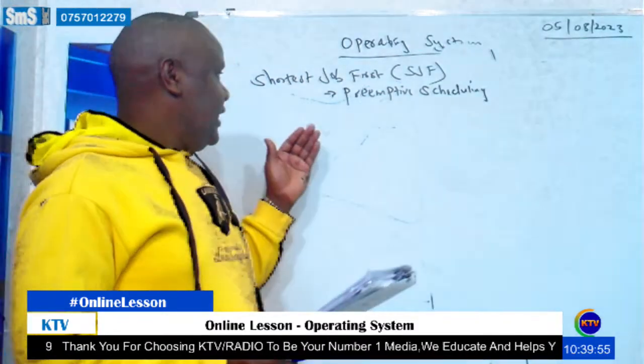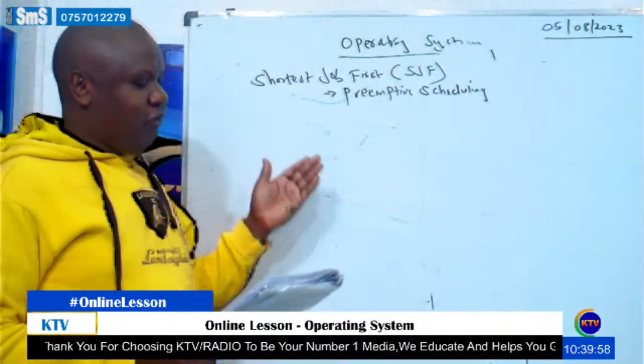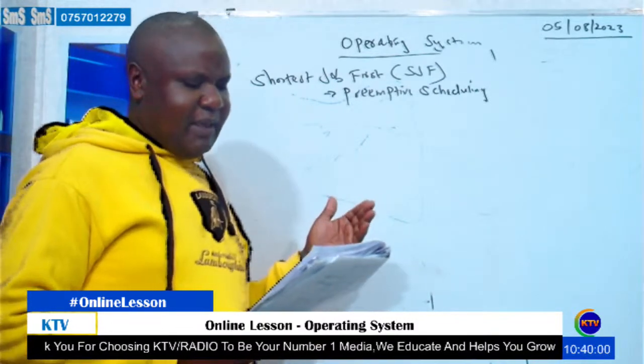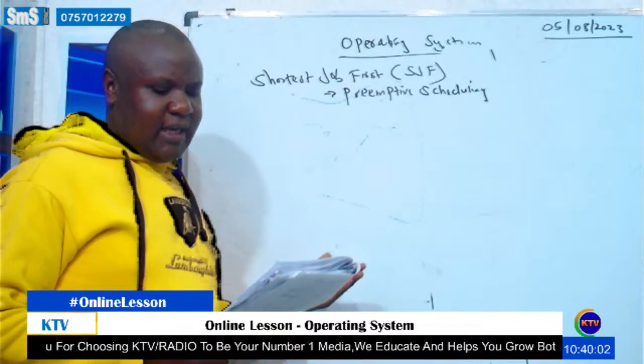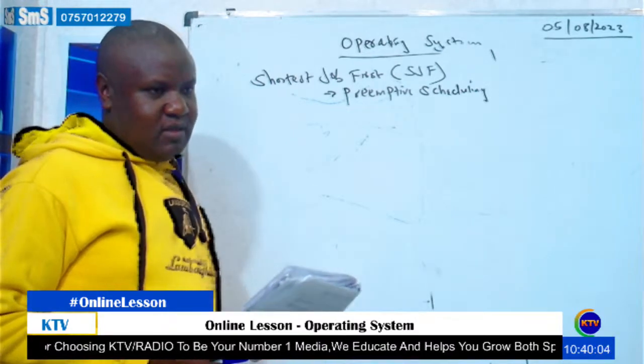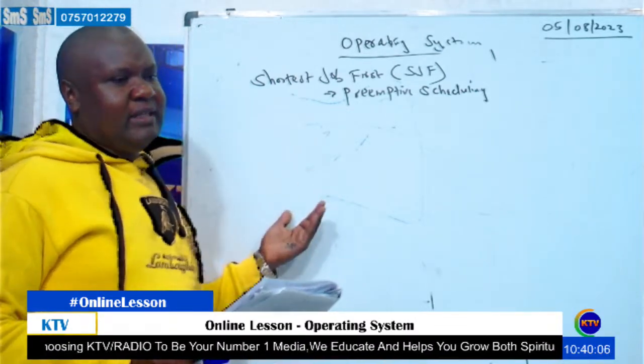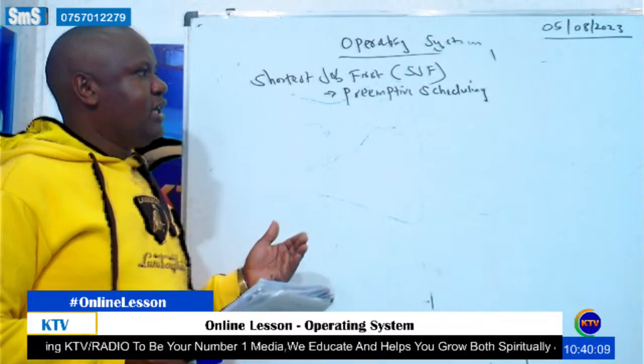But now there are disadvantages with shortest job first. It cannot be implemented practically, since the burst time of the process cannot be known in advance. That becomes a disadvantage.